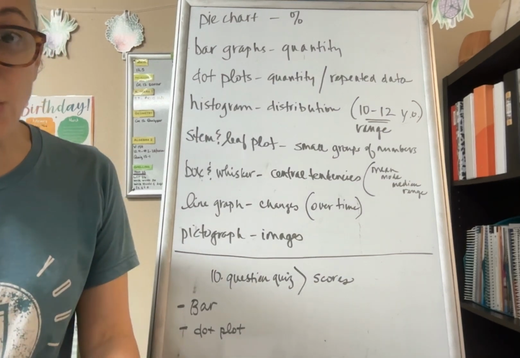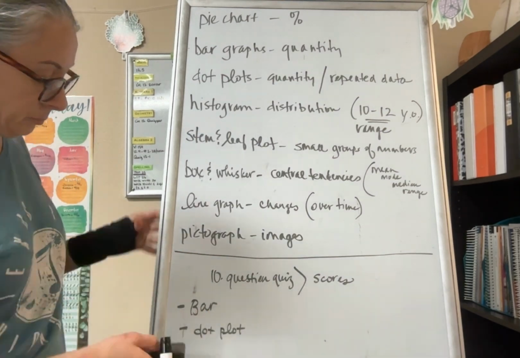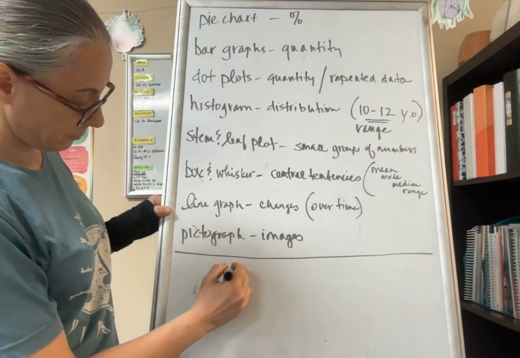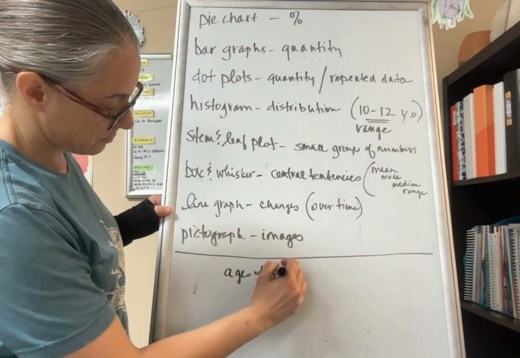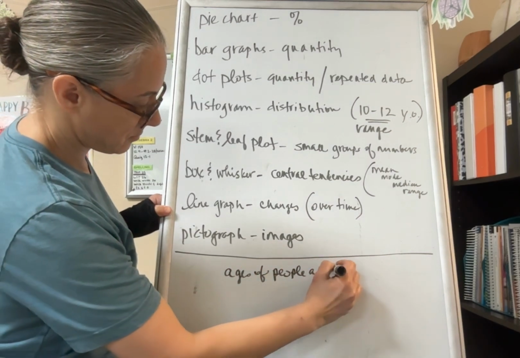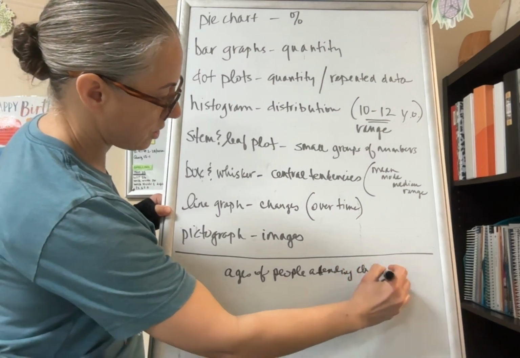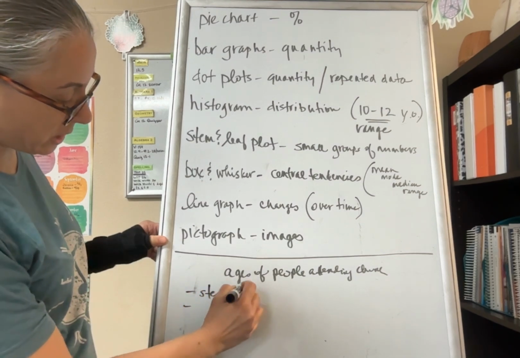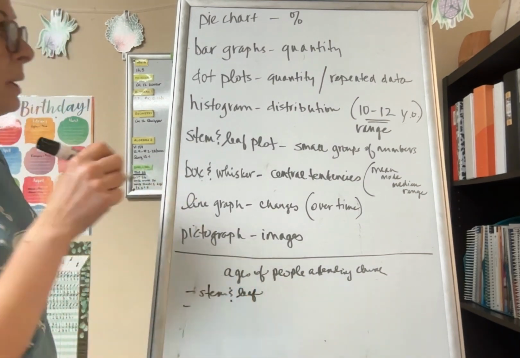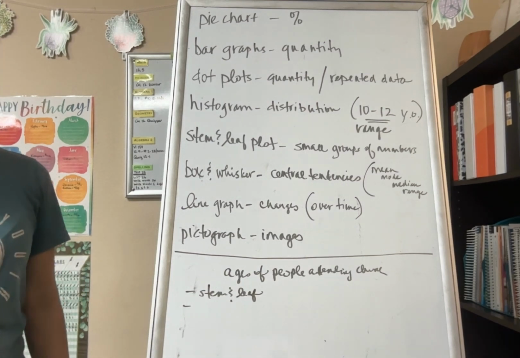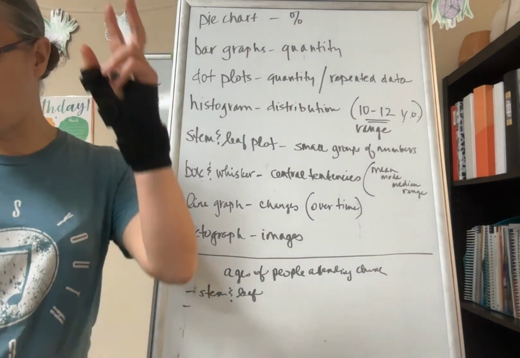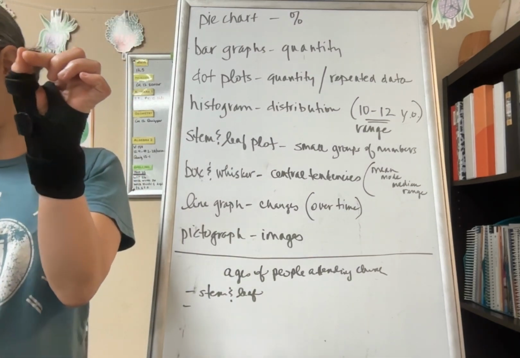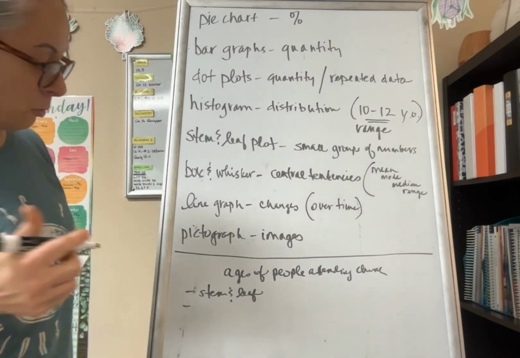What about B, the ages of the people attending your church? What do you think a good choice would be for that? Okay, probably either. A stem and leaf would be good, because there might be a lot of repeated values, and there might be like a lot of people in their 30s, but you could just put 3 one time for the stem, and then you could put their years as your leaf, and that'd be pretty effective.